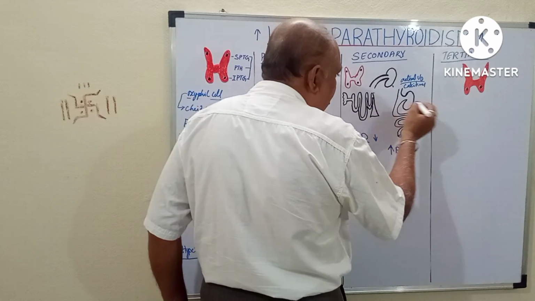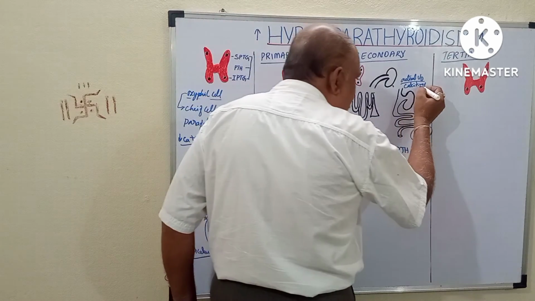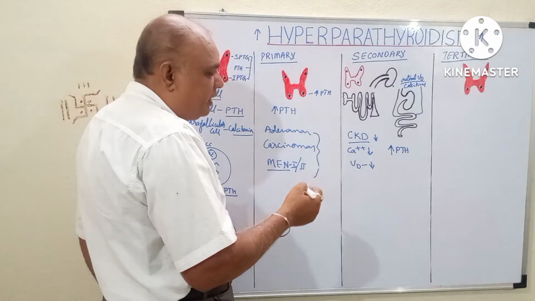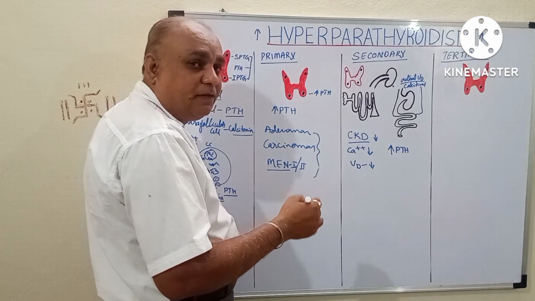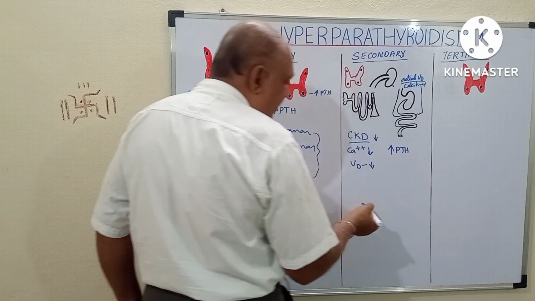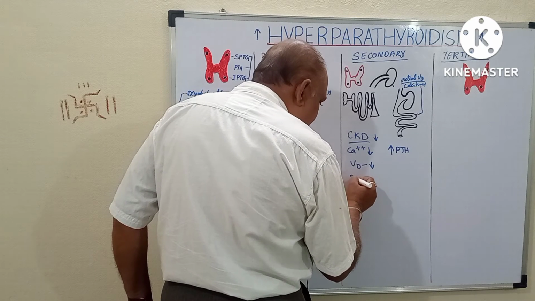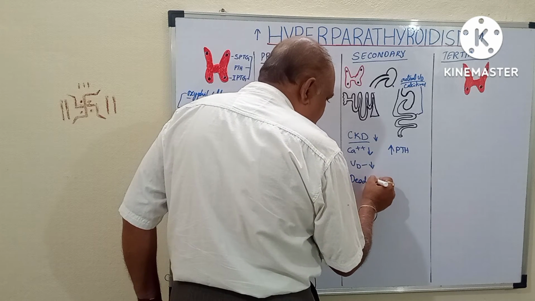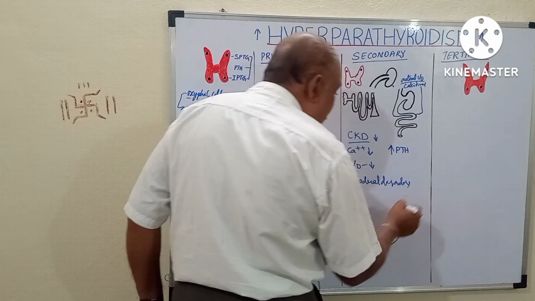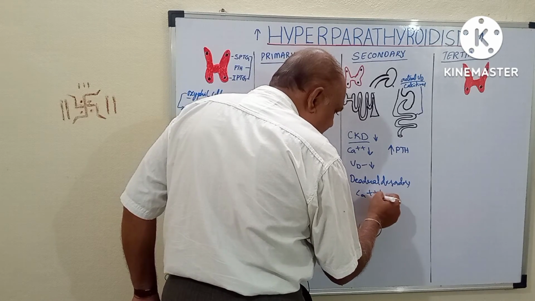It's not only the kidneys. Even in the duodenum we have seen that calcitriol binds to the intracellular receptor of the duodenum for the absorption of calcium. Now when there are low vitamin D levels, or due to any of the duodenal disorders, the calcium absorption will be low.